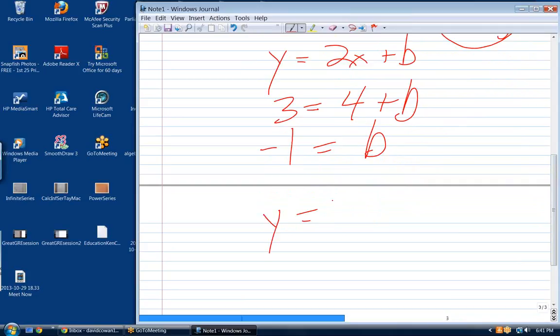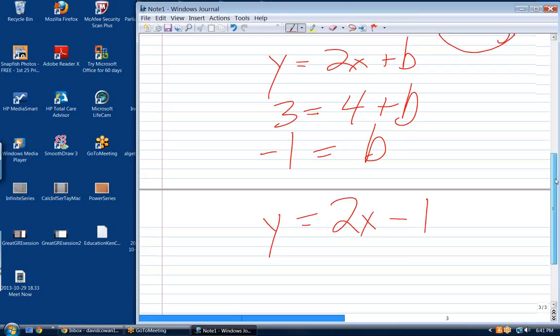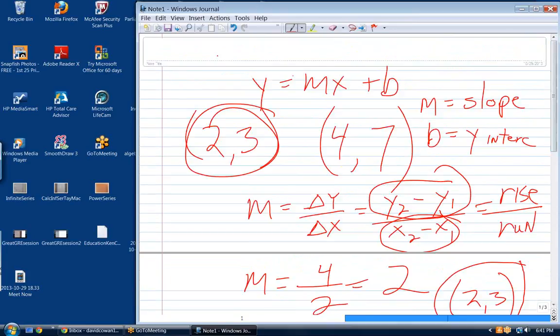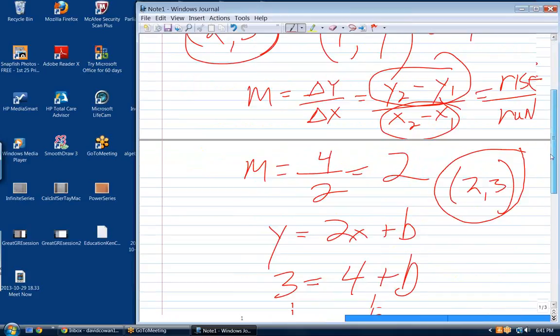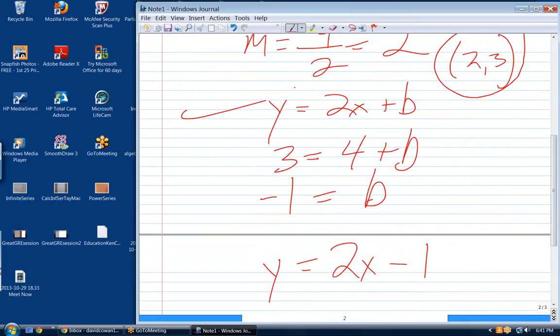Y equals 2x plus -1, or minus 1, I guess. Right. So we go from the general equation of the line to a halfway equation of the line to a final equation of the line.